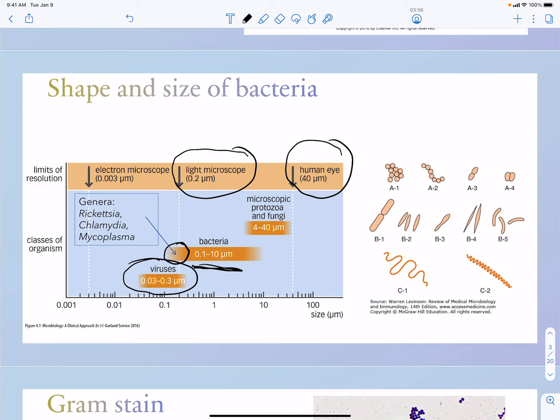Now, the other thing is that we have different sizes and shapes. So over here we have our cocci, and these are just round. And you can see that we have clusters, and we have strands.